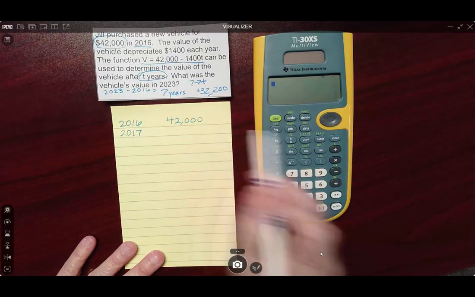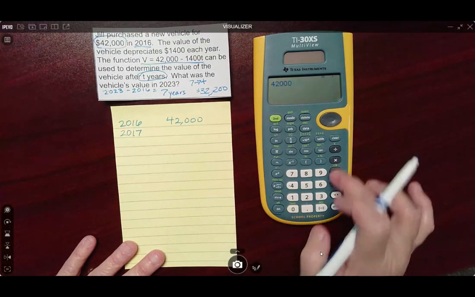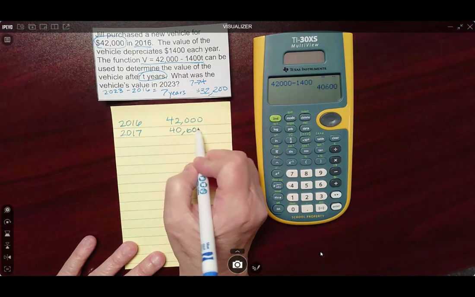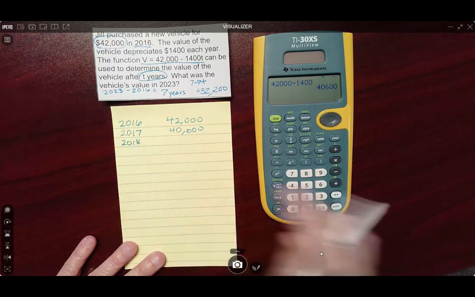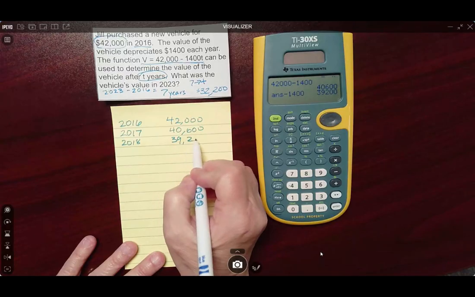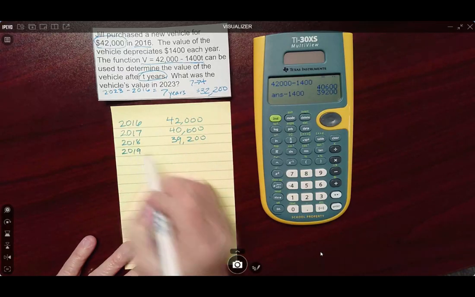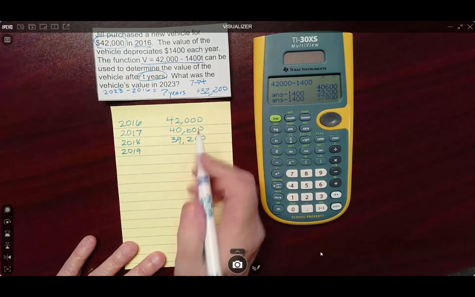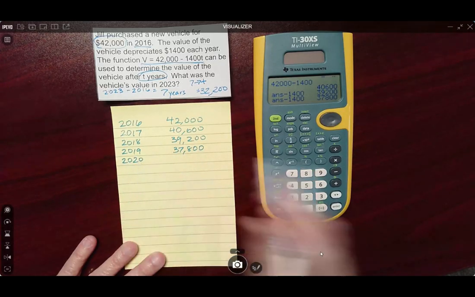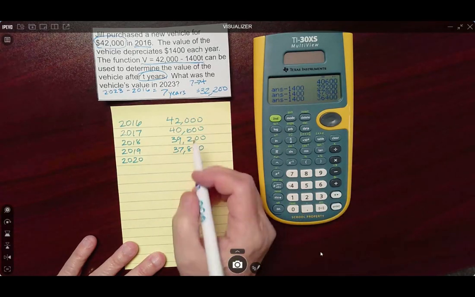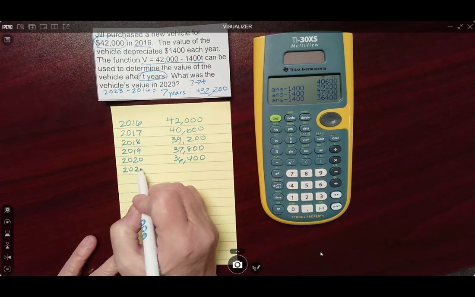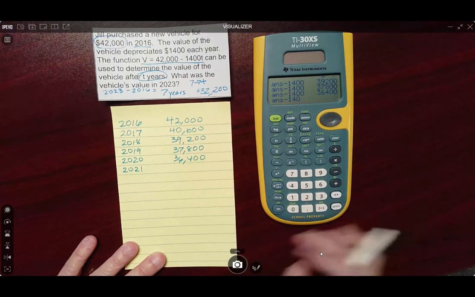I'm going to subtract 1,400. 42,000 minus 1,400 gives me 40,600. 2018, we're going to subtract another 1,400 and we get 39,200. 2019, subtract another $1,400, 37,800. 2020, subtract another 1,400, 36,400. We're getting closer.